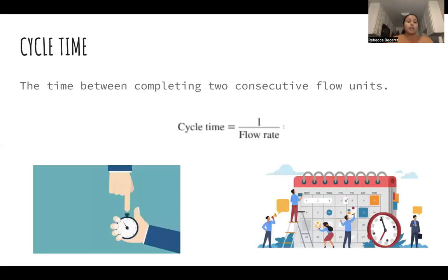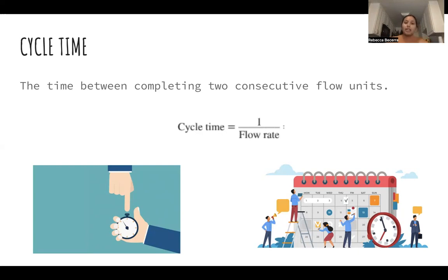And lastly, we're going to have our cycle time. Cycle time measures the time between completing 2 consecutive flow units. In this case, it can be defined as 1 over flow rate. One real-life example that comes to mind, I'm going to bring back the grocery example.